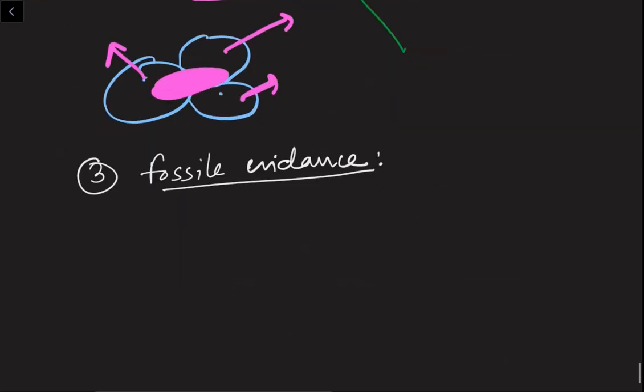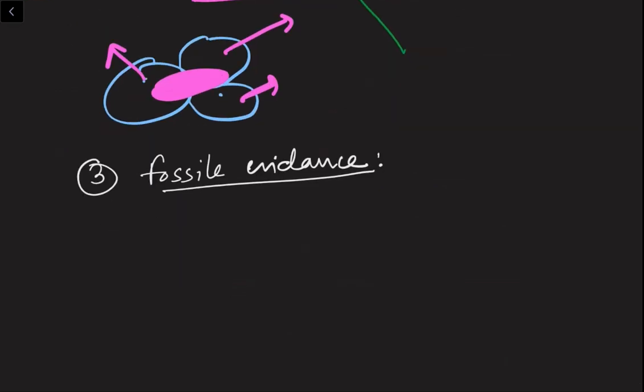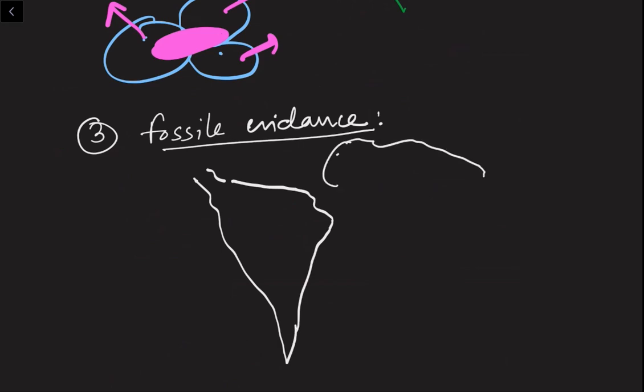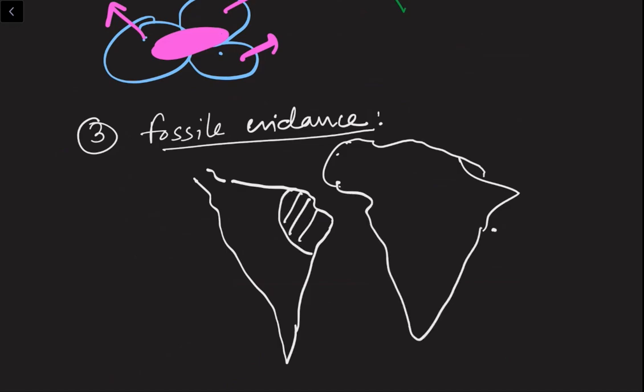Okay. Now, this fossil evidence, what he suggests is from when he studied, and he was a climatologist, right? So he was interested in the climatic history of the earth. So he was studying animals, he was studying plants. Okay. And while he was studying, he found that the animals or plants found in this region, Brazil.